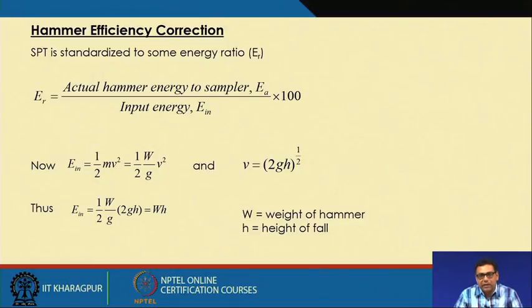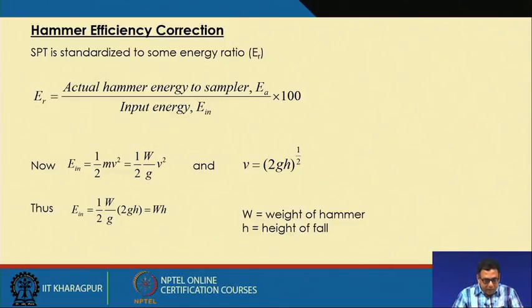The applied energy is different for different cases. So, we have to represent them in a particular common way. That is why we have to apply a hammer efficiency correction, because the efficiency is not the same in all hammers.